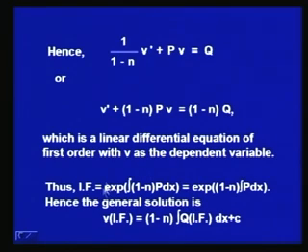And so we can find the integrating factor here as e to the power integral of (1-n) p dx, which is equal to e to the power (1-n) integral p dx. And so, the general solution of this equation we may write as the dependent variable v into the integrating factor equal to (1-n) times integral of q into the integrating factor dx plus c.